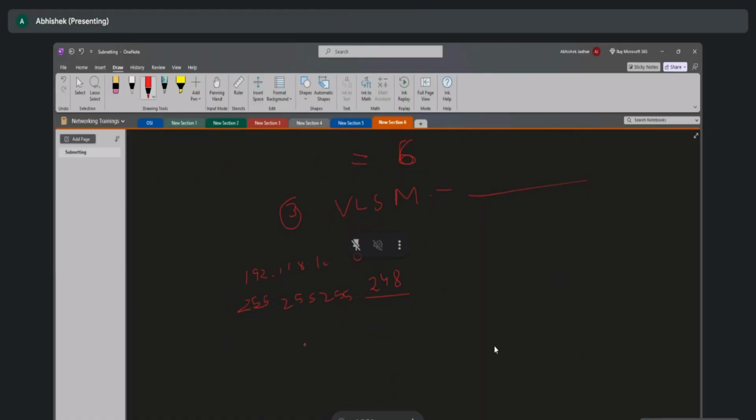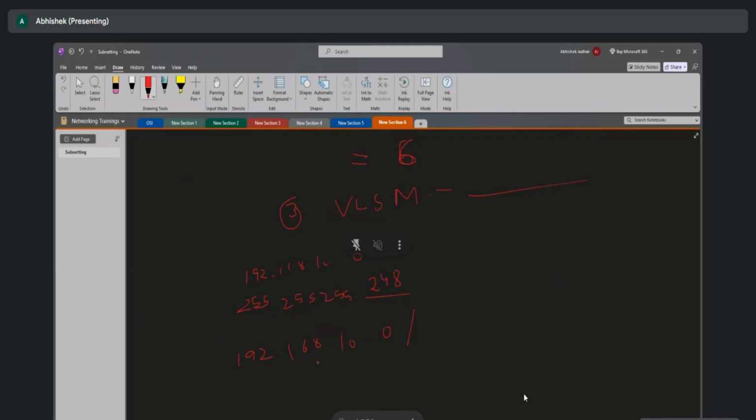And now the next thing: if you want to write it in a format, let's say they are asking you to give this value in a format, what will you write it as? 192.168.10.0 slash how many bits did you borrow? 5 bits borrowed.